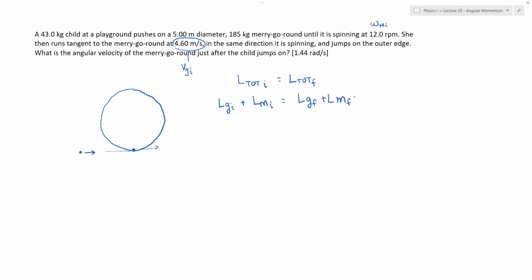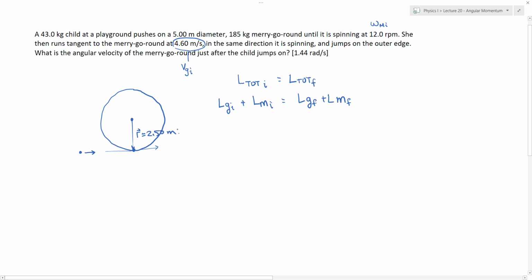She doesn't have a certain volume that we're worrying about. The merry-go-round is 5 meters in diameter. So from the axis of rotation to the girl, that would be our r vector, and that's 2.5 meters because it's half of the diameter.